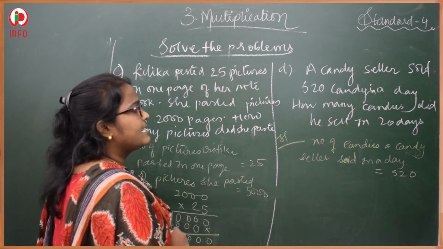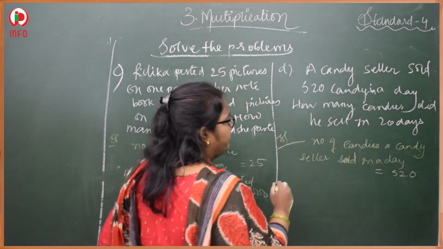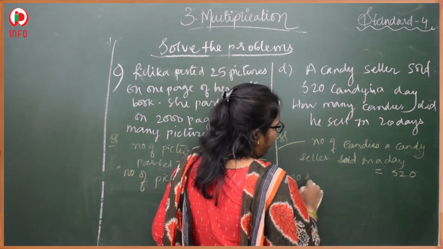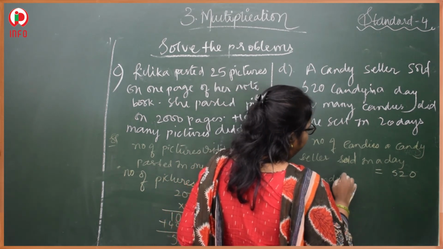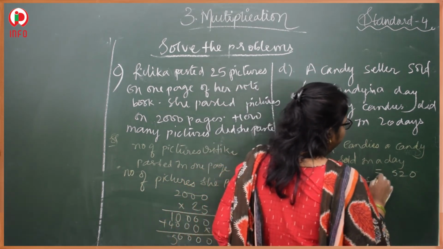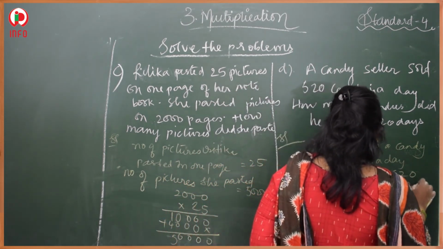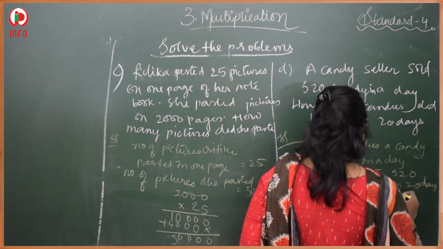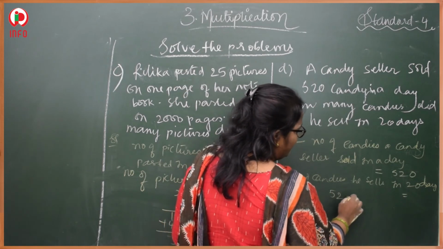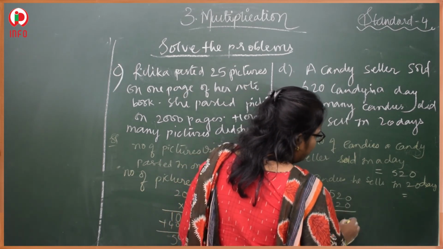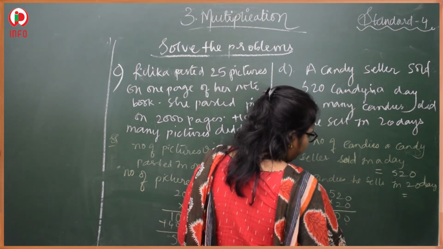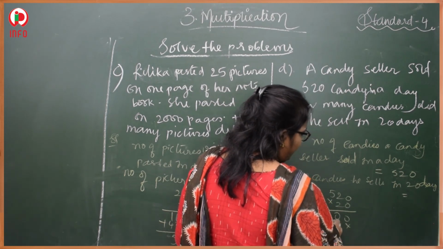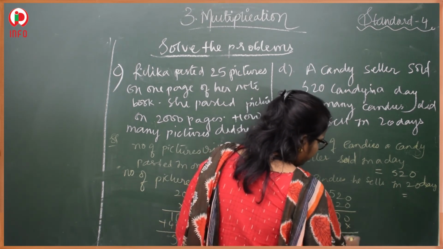How many candies did he sell in 20 days? Okay. Number of candies he sells in 20 days is equal to 520 into 20. 0 0 0, 0 2s are 4, 5 2s are 10.